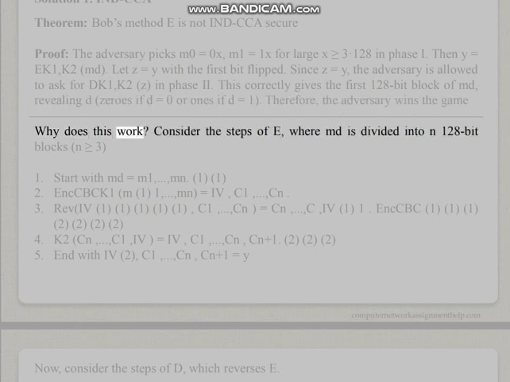Why does this work? Consider the steps of E, where Md is divided into n 128-bit blocks, n greater than or equal to 3. 1.